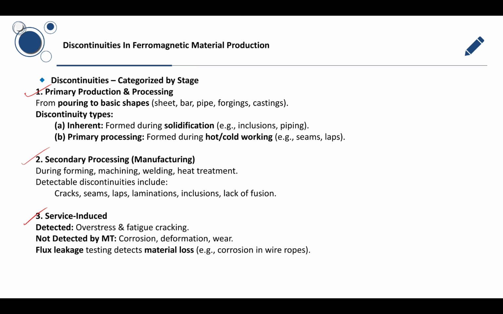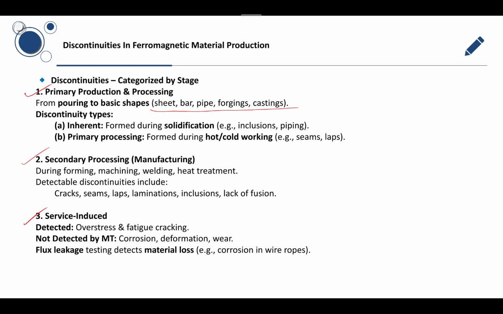Primary production and processing. These discontinuities form early on, from the pouring of molten metal to the creation of basic shapes like sheets, bars, pipe, forgings and castings.